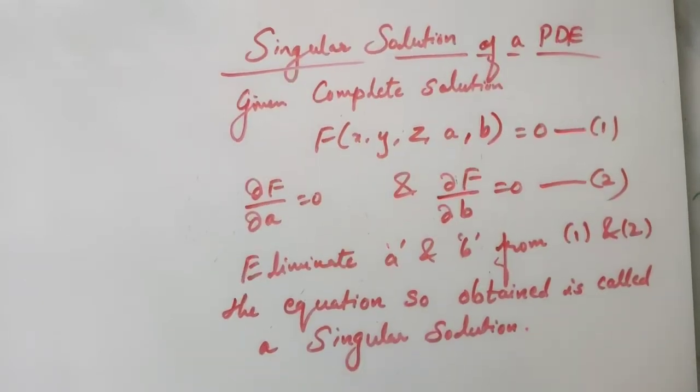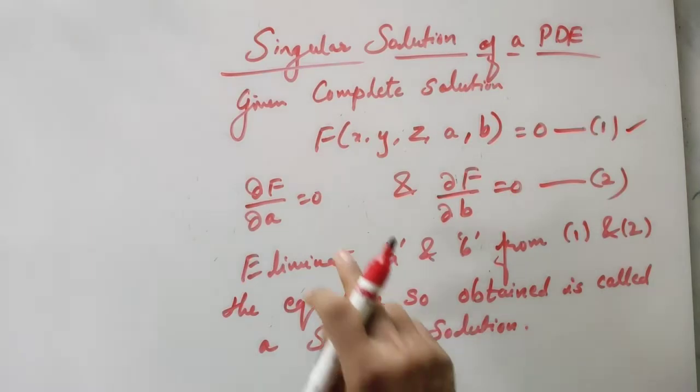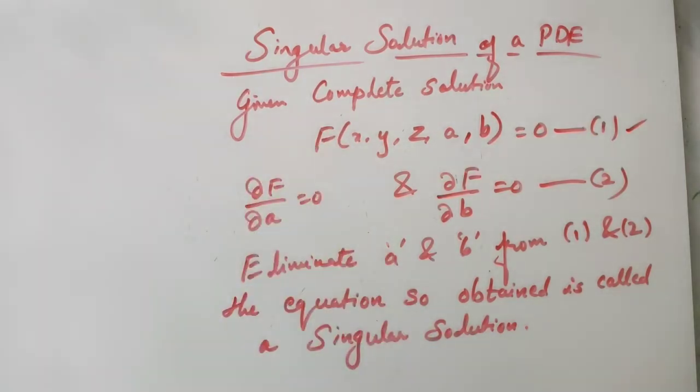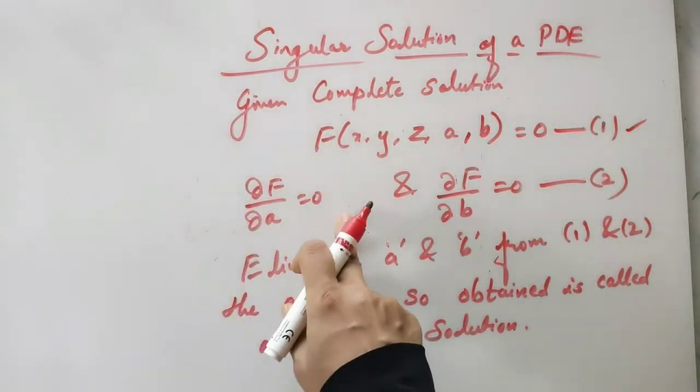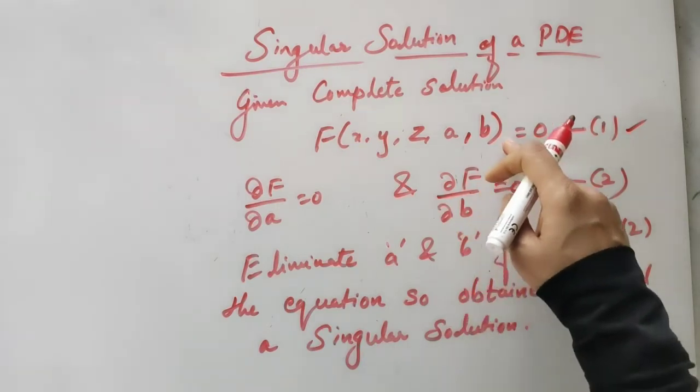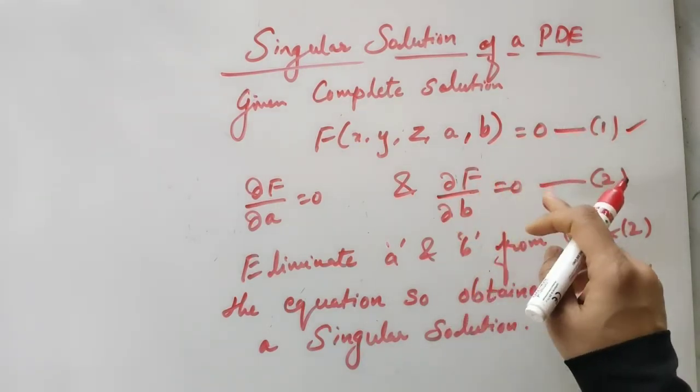Okay, so what do you mean by the singular solution of a PDE? Given the complete solution, say f of x, y, z, comma a, comma b is equal to 0, calling it again equation 1 as since the beginning. What we do here is we differentiate the given equation 1 with respect to a partially and equate it to 0, and differentiate equation 1 with respect to b partially and equate it to 0.